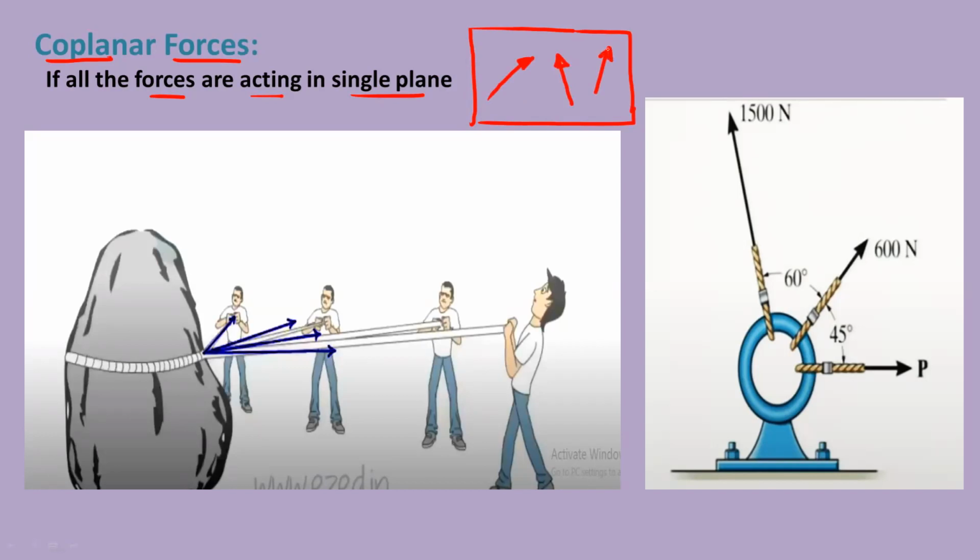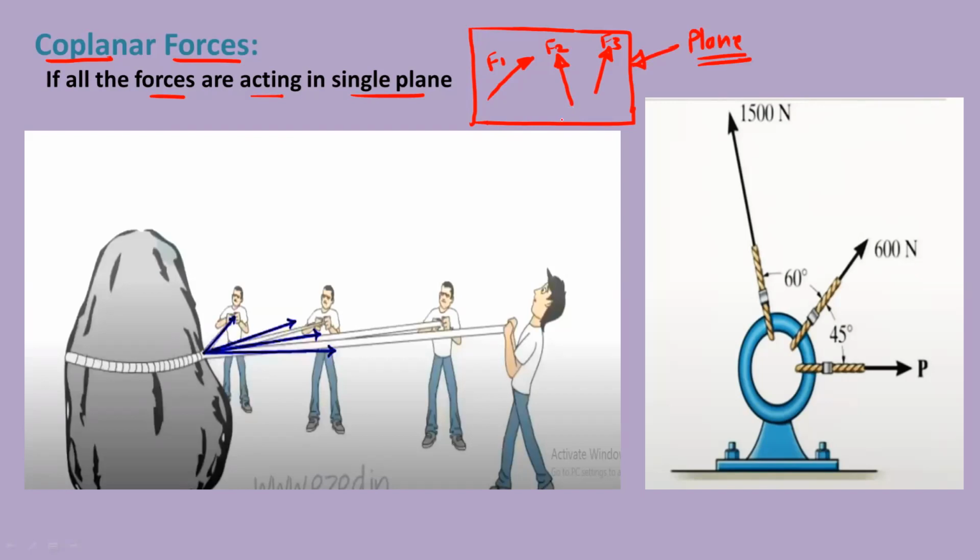And three forces are acting in this plane: F1, F2, and F3. All these forces are lying in this plane only. So this is called a coplanar force system.